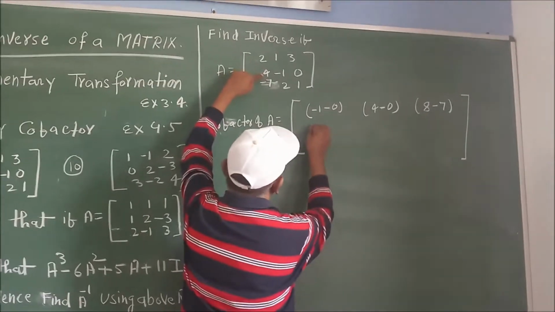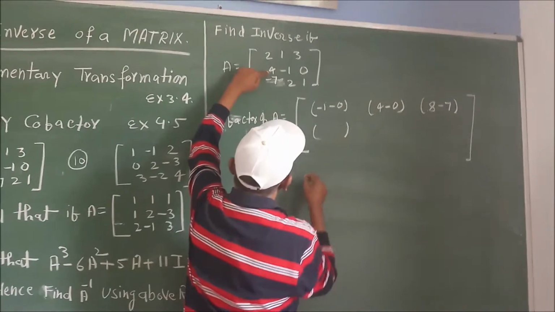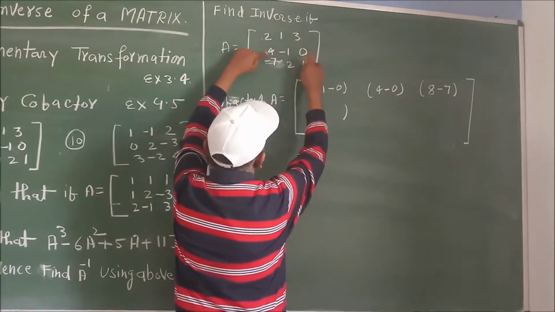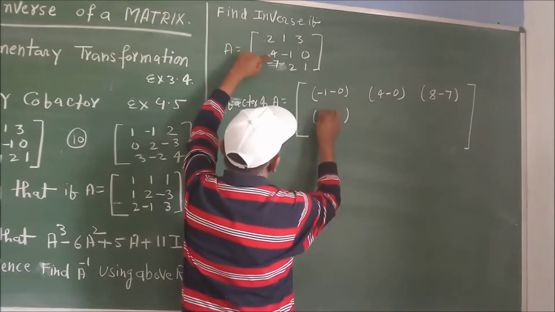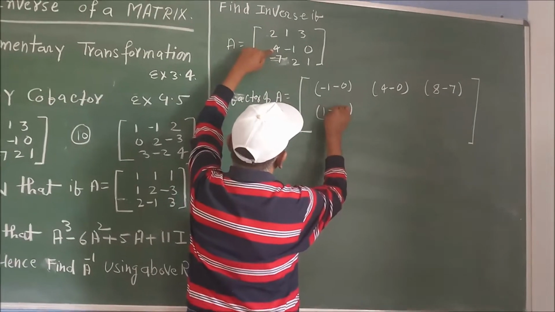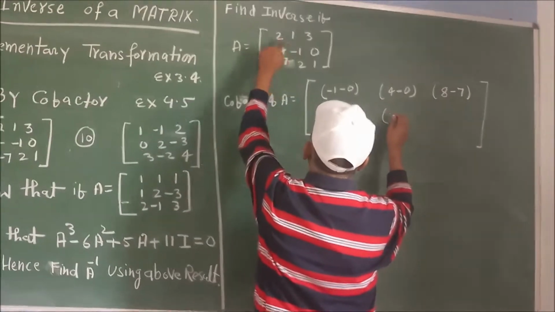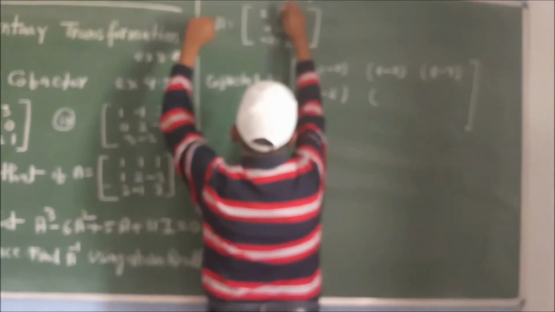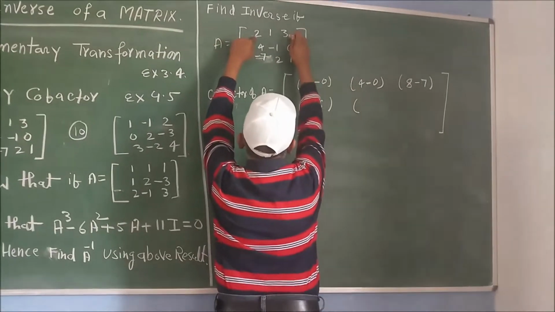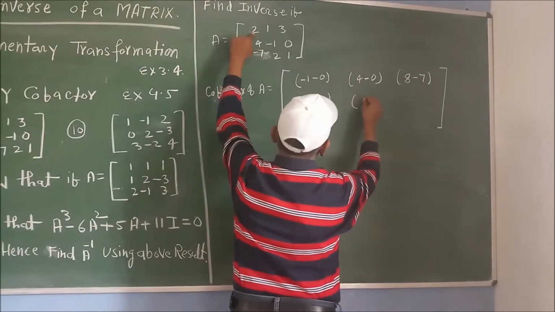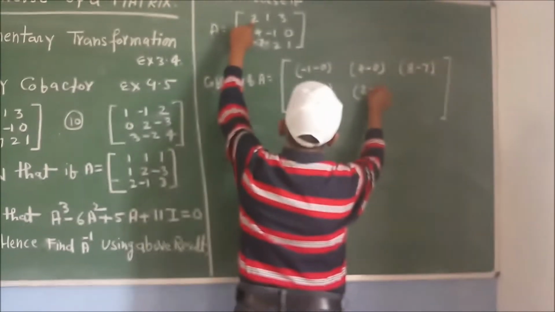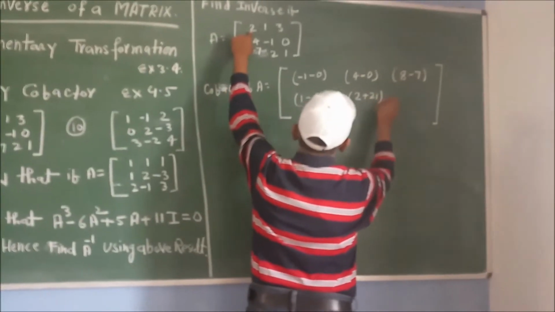And again for 4, this will be equal to 1 into 1, 2 into 3. So 1 into 1 is 1 and 2 into 3 is 6, giving 1 minus 6. And for minus 1, cancel R2 and C2, so 2, 3, minus 7, 1. This can be written as 2 plus 21.